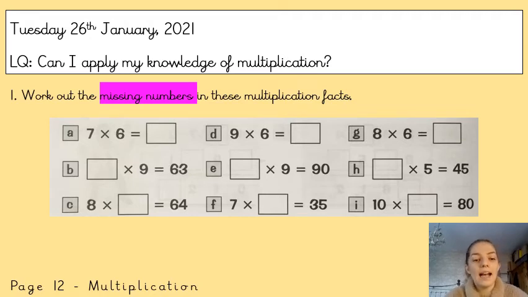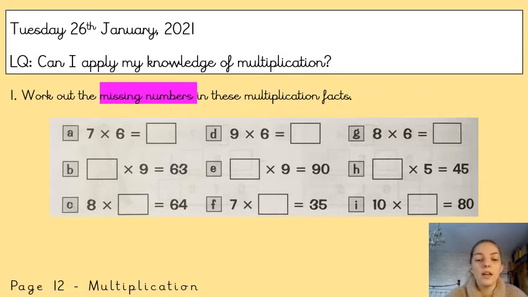I've highlighted the words missing numbers because this is the bit in the question that we need to figure out. You've got 9 sentences that you need to find the missing numbers to. Question 1 I think is going to be super simple for you to have a go at, because you're just finding what the missing squares are.